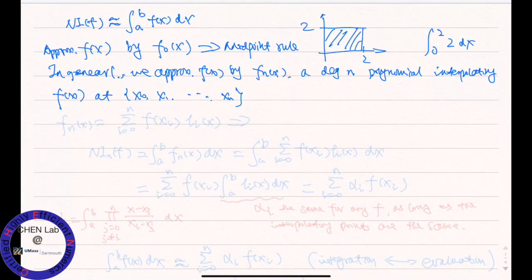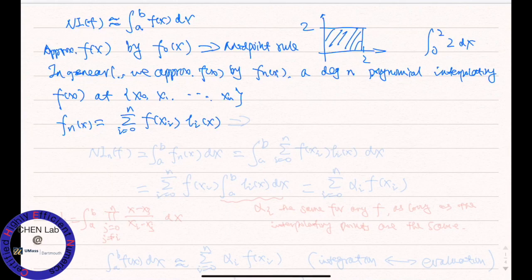Degree 0 is just 1 point, x0, which is the midpoint. So of course we can do this. We already have tools. We know that fn of x is the summation, i from 0 to n, of my function value at xi times my Li of x, Li of x being the characteristic polynomial.